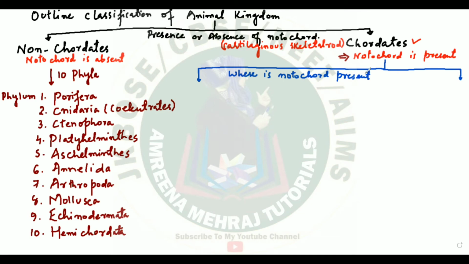So you have 1, 2, and 3. This is one subphylum, this is another sub, and this is another subphylum.